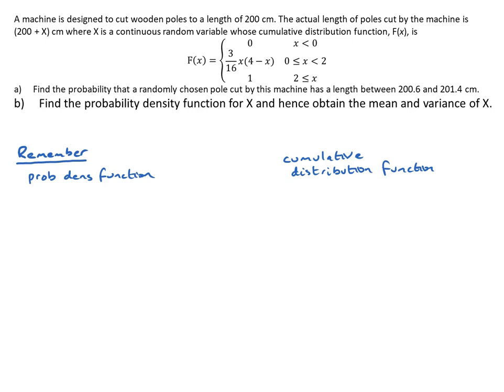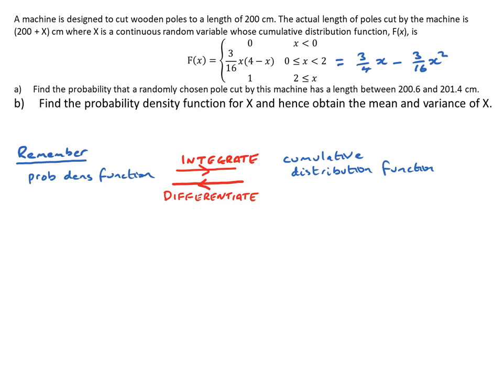To move from the probability density function to the cumulative distribution function, we have to integrate, and to move from the cumulative distribution function back to the probability density function, we've got to differentiate. If we look at the distribution function, we have F(x) = 3/16 x(4 - x). That of course multiplies out to 3/4 x - 3/16 x squared.